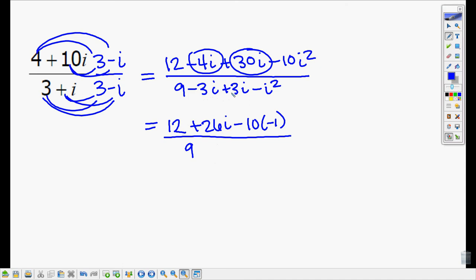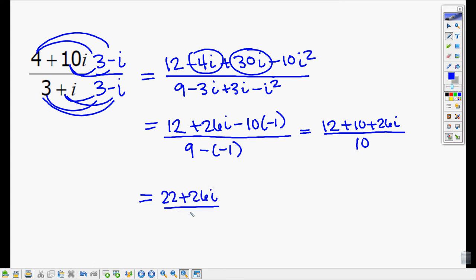So a negative 3i and a positive 3i, minus a negative 1. So I have 12, a negative 10 and a negative 1 is a positive 10, plus 26i, all over 9 minus a negative 1 is 10.